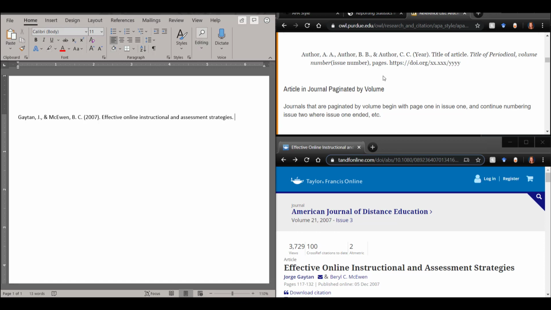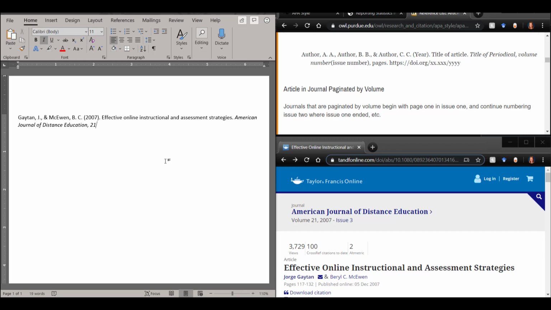Then, in italics, we're going to need the name of the journal right here. That will be followed by a comma, the italicized volume number, volume 21.